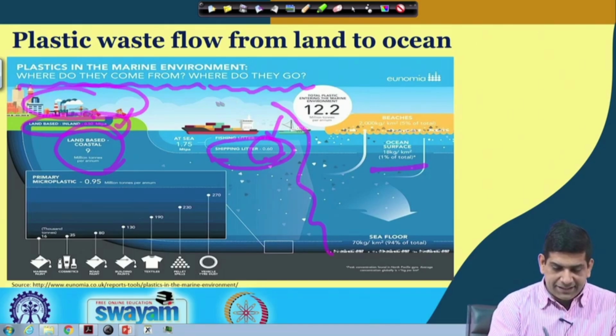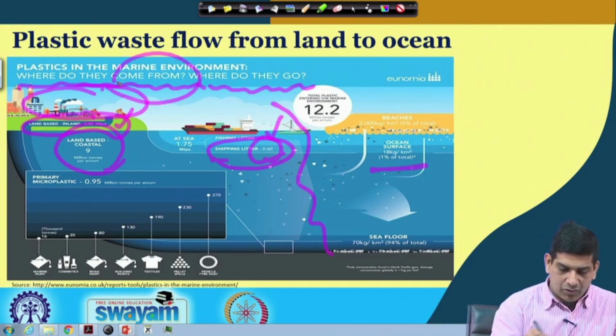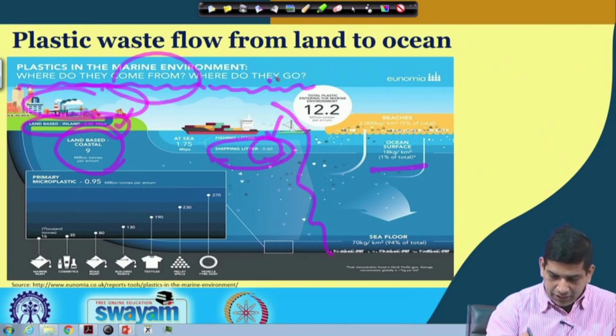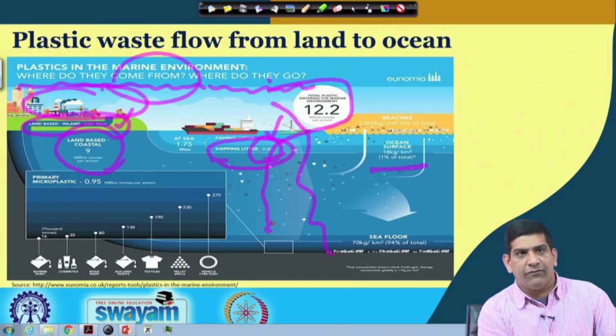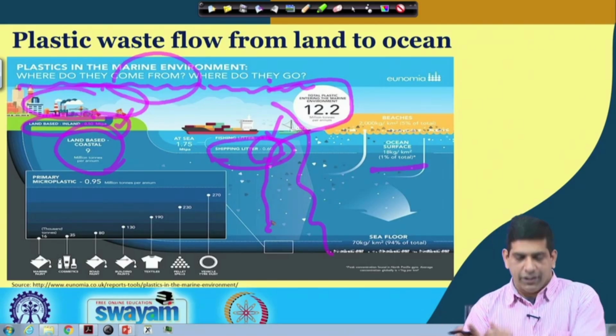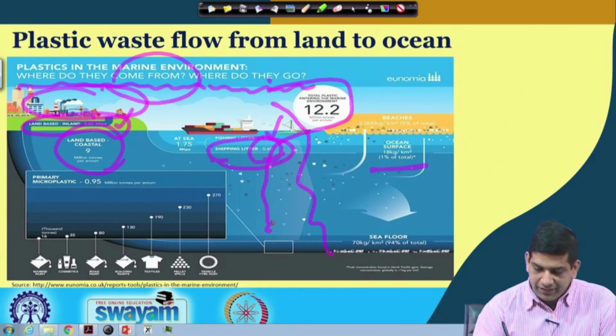On this side we have where they come from. If I can draw a line here, something like that, but anyway. On the left is where they come from, on the right is where they are going. So in the beaches, around 2000 kg per square kilometer, 5% of the total ends up in the beach soil.